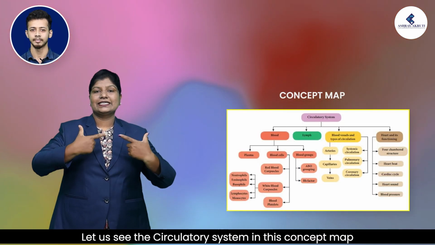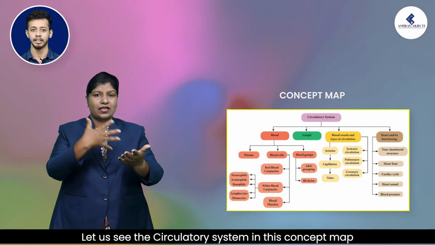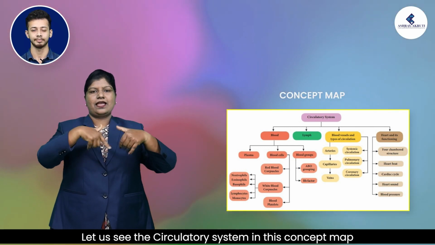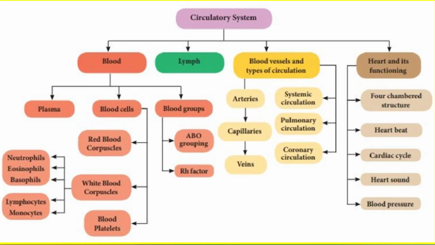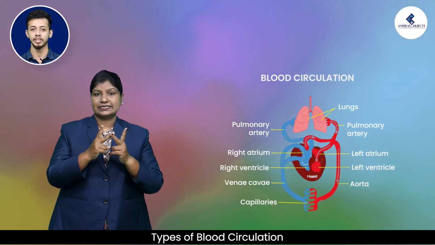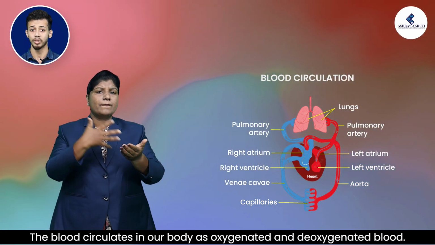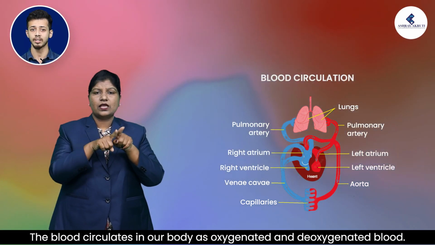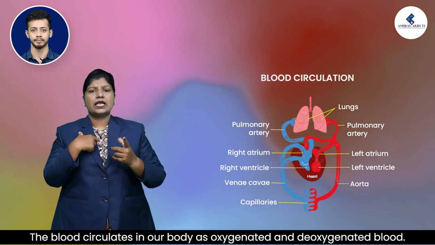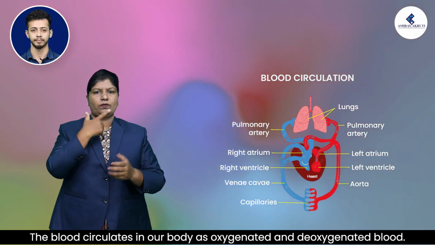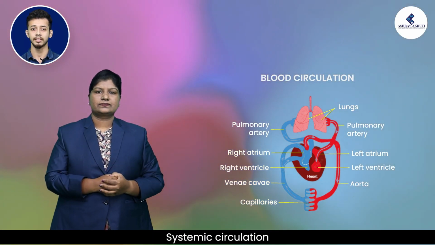Let us see the circulatory system in this concept map. Types of blood circulation. The blood circulates in our body as oxygenated and deoxygenated blood. Systemic circulation.